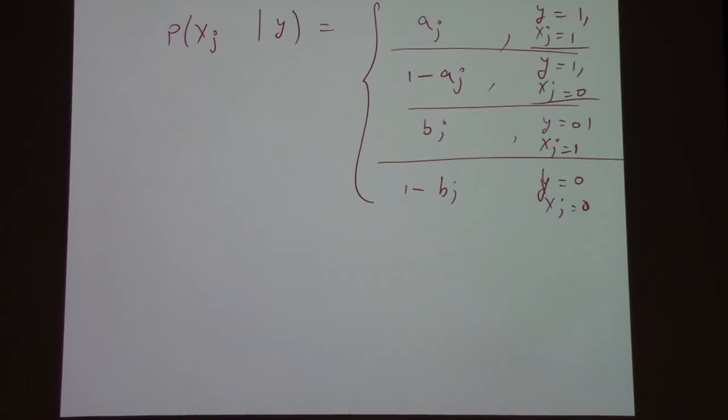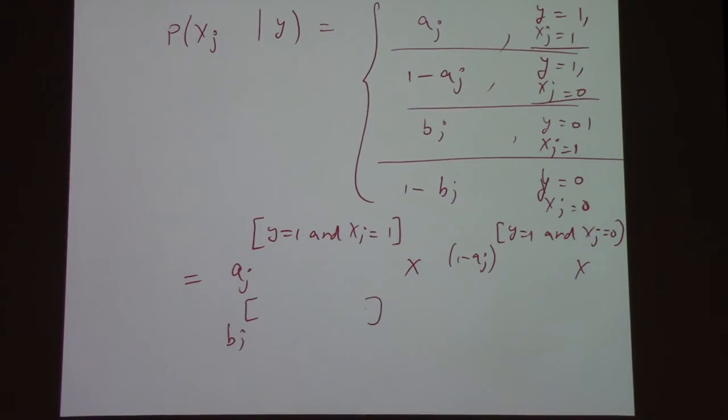So this is exactly the same as aj to the power of the indicator that y equals 1 and xj equals 1, times 1 minus aj to the power of an indicator for the other case.